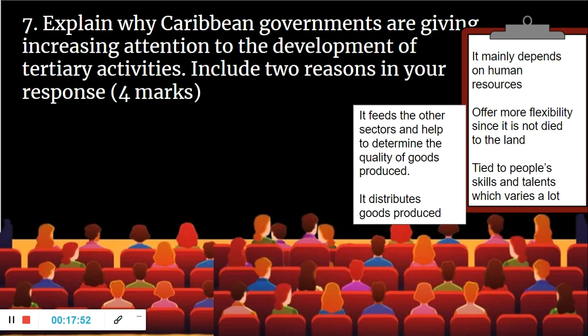A lot of Caribbean governments now find it necessary to concentrate on that industry where human resource is one of the most important types of resources. All right, because again, it is service and not so much goods based.